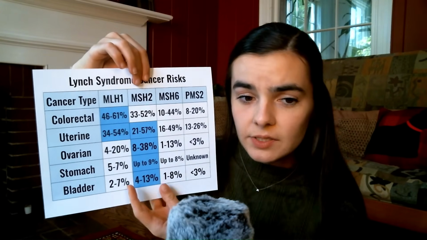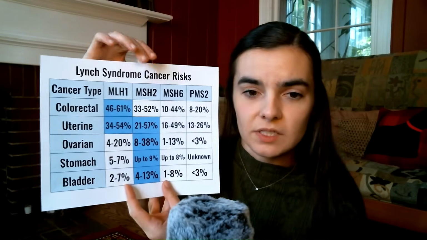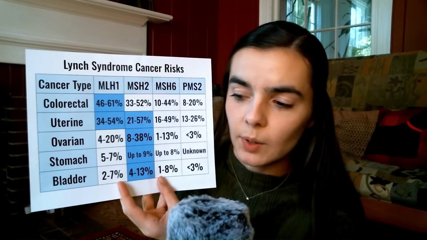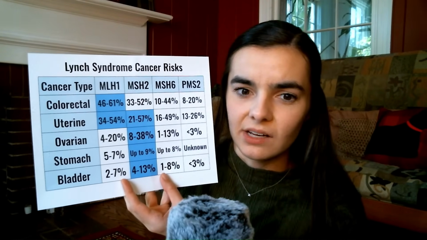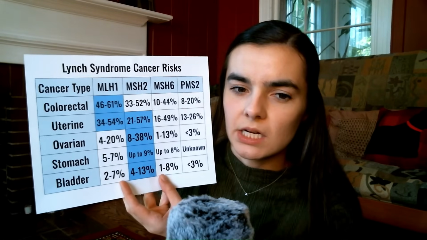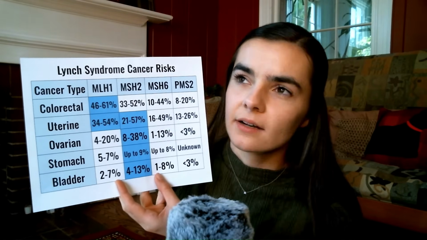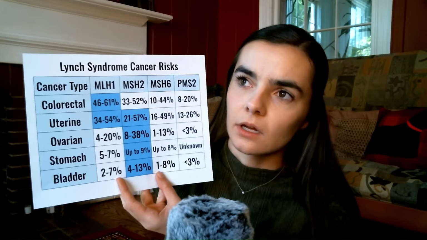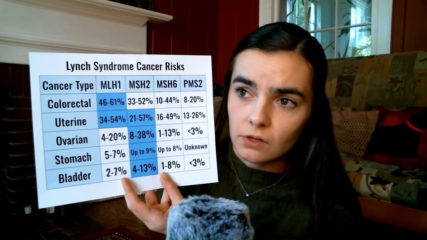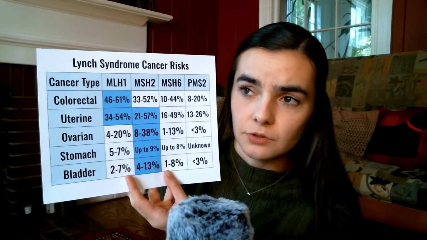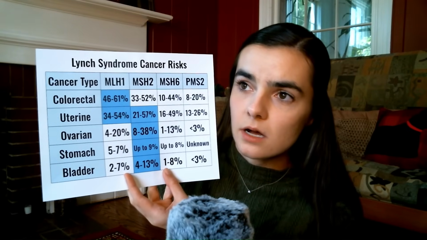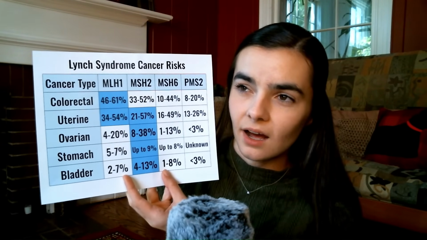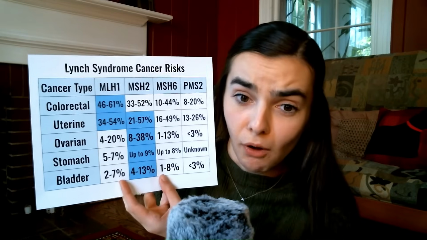Brain cancer is a possible risk, specifically glioblastoma typically, but there's not really a quoted risk of that. Skin cancers can also happen with Lynch syndrome. I think that's it.